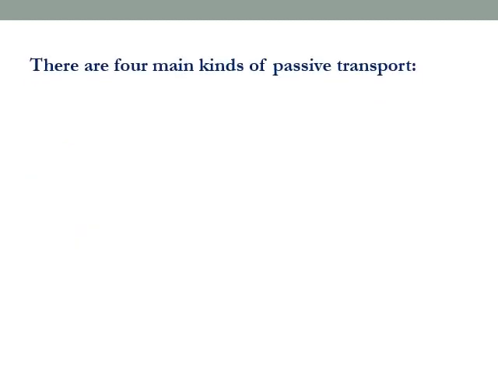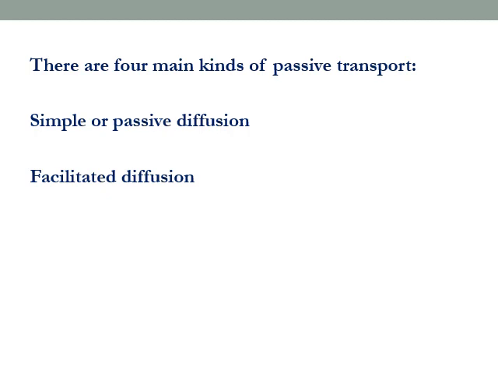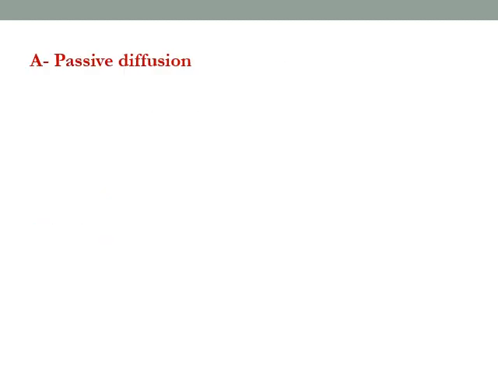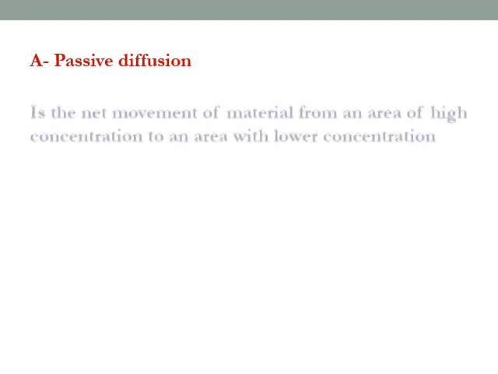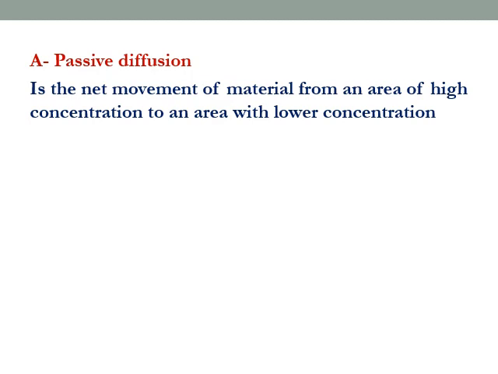There are four main kinds of passive transport: simple or passive diffusion, facilitated diffusion, filtration, and osmosis. The passive diffusion is the net movement of material from an area of high concentration to an area with lower concentration.